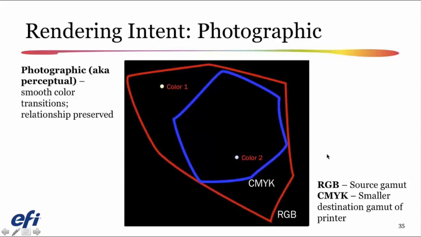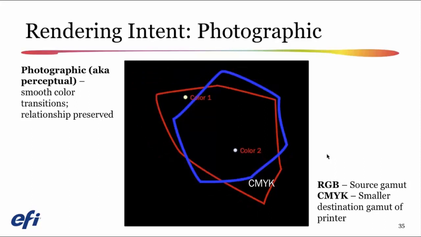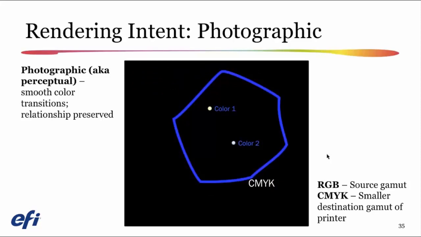If I set the photographic rendering intent on the Fiery for my RGB sources, then when I color manage the RGB and convert it into the CMYK space, the gamut compression looks like this. I move color number 1 so I can get it into the destination gamut so I can print it. And I also move color number 2 by relatively the same amount as I moved color number 1.